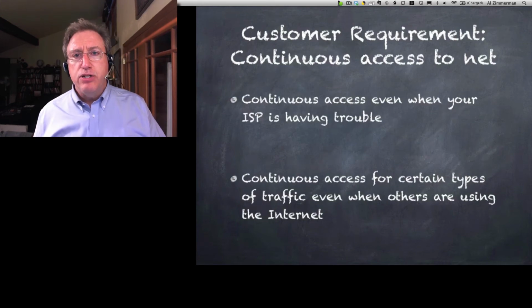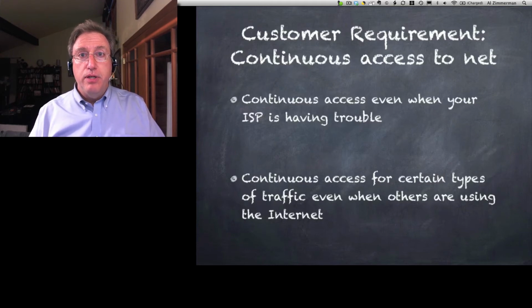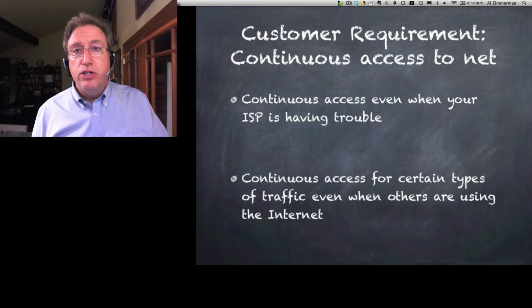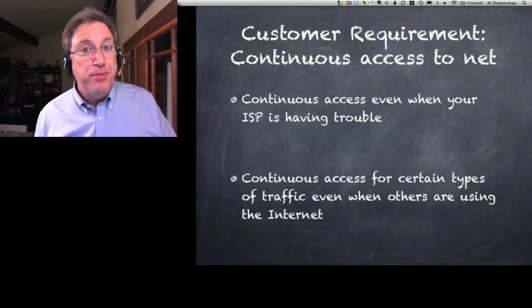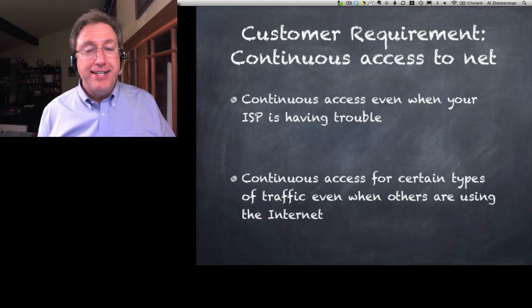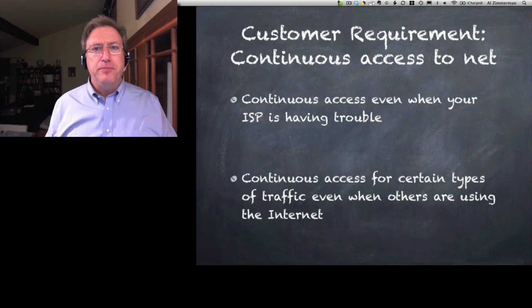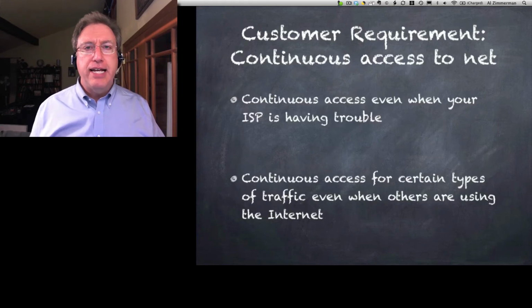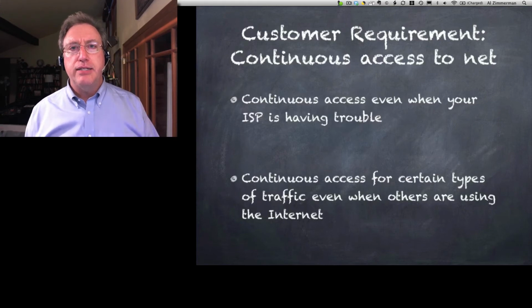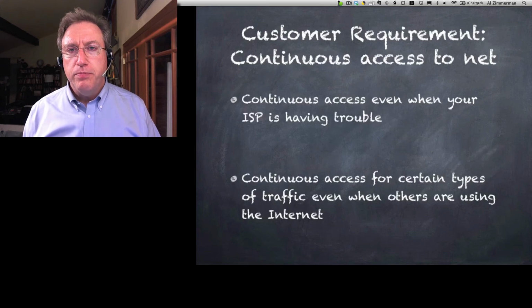Businesses have additional requirements than you might have in your home. One is, for example, if the network connection to your home goes down, unless you've got an assignment due for your classes, it's not a big deal. You can call up the internet service provider, and if they take an hour to repair it or whatever it takes, you can put up with that.